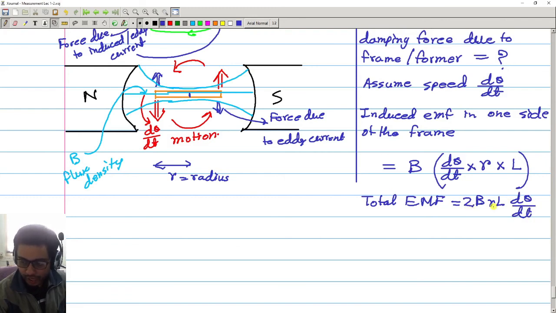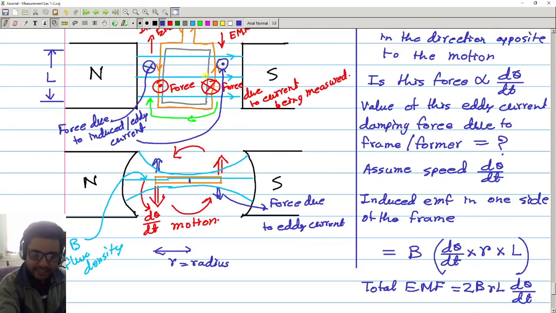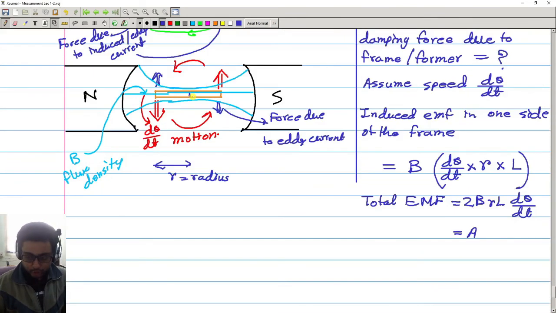Now 2 into r into l is the area of the coil. 2r is the diameter, and with the length, that is this area, which we previously wrote as A. So the EMF is A into B into d theta dt.